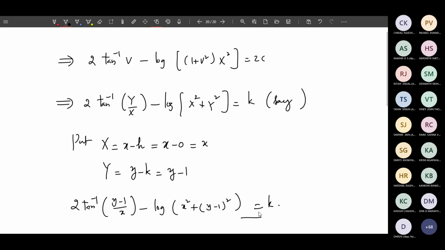So this is a method for equations reducing to homogeneous.